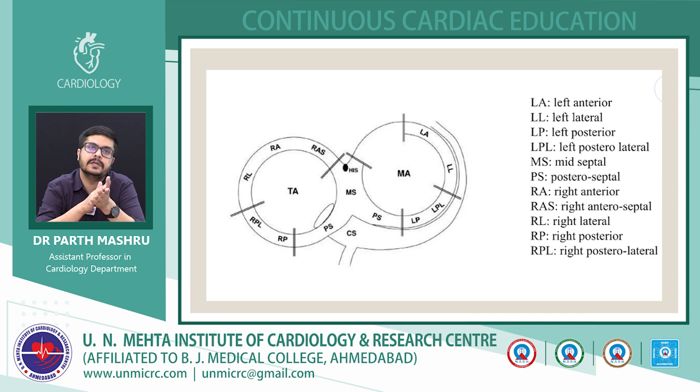The pathways can be in the CS or dilated middle cardiac vein or CS diverticulum. Then coming to the right side, they can be in the posteroseptal region, right posterolateral or right posterior region, or it could be right lateral or right anterior. So the deflection of delta waves can help you decide where exactly the location of the pathway is, and after that when you perform the EP study, it will be easier to go to that specific location and then map the pathway and then ablate.